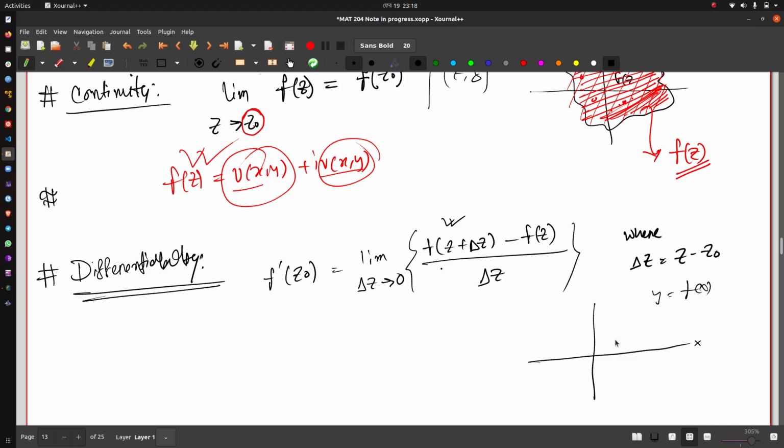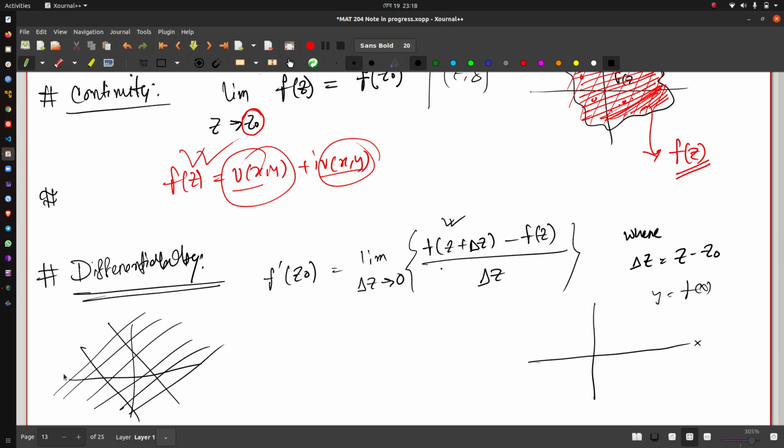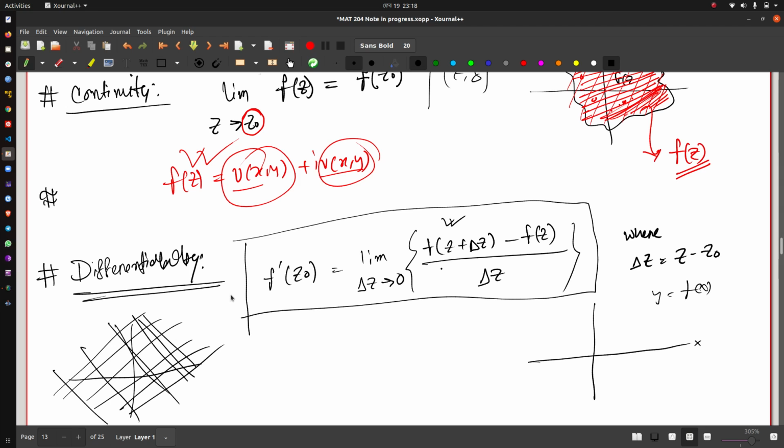But here in the complex case, you are dealing with a plane, where x and y both can vary simultaneously. So it is important to make this definition very precise, because the existence of differentiability actually depends on from where you approach.